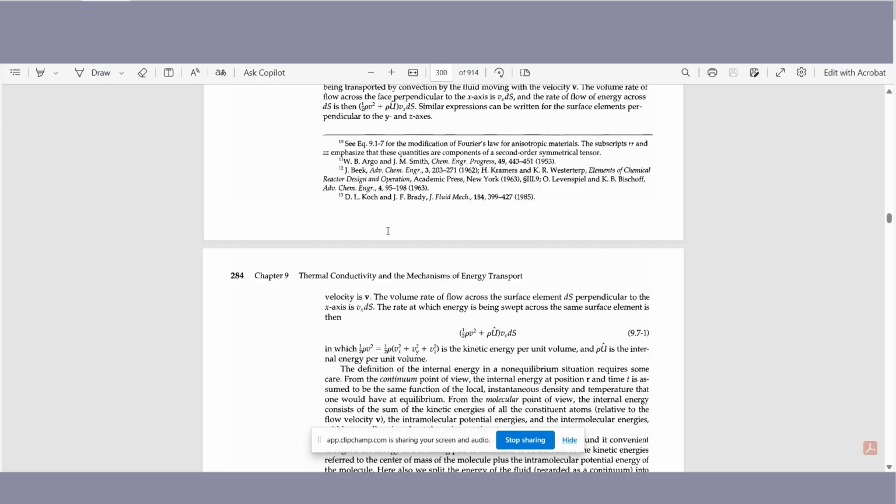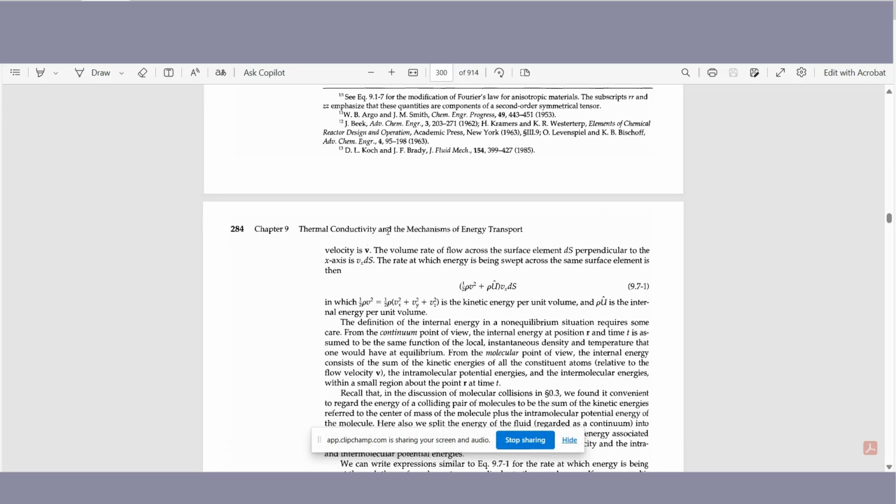The volume rate of flow across the surface element dS perpendicular to the x-axis. And the x-axis is in the direction of the flow as well, so dS is also perpendicular to the flow and the x-axis.